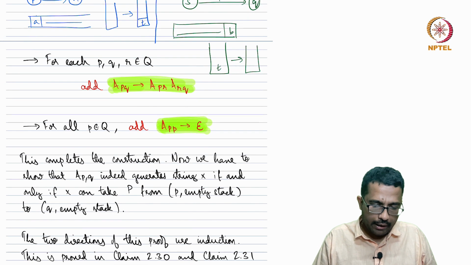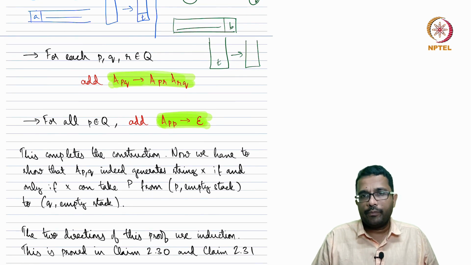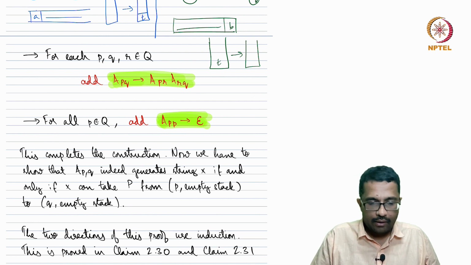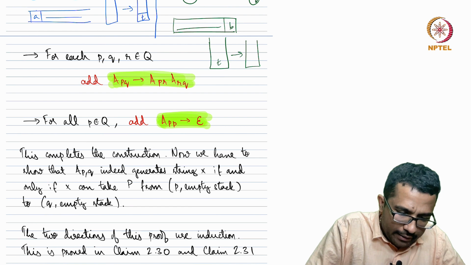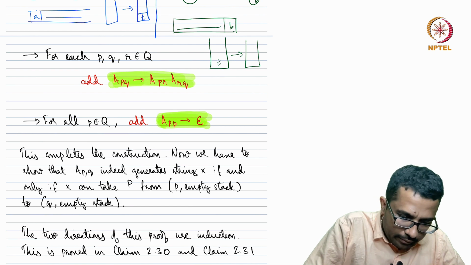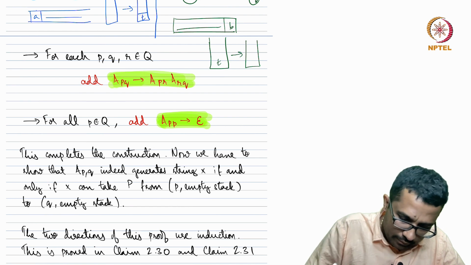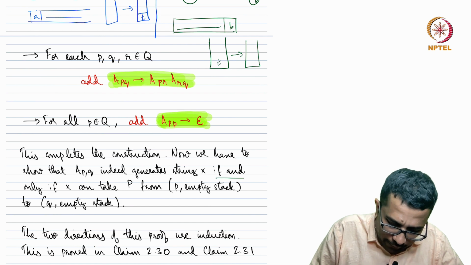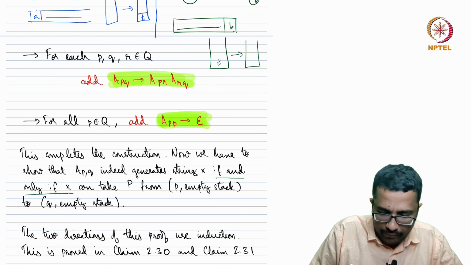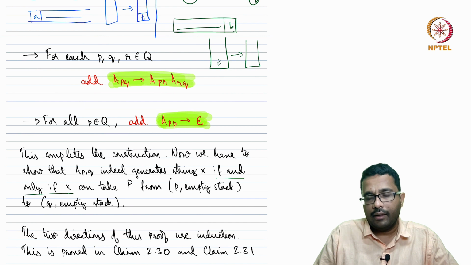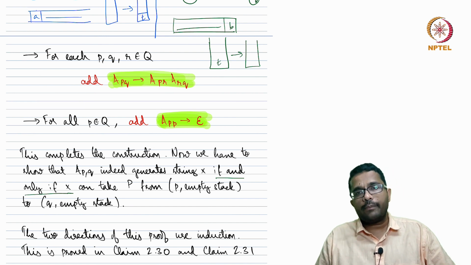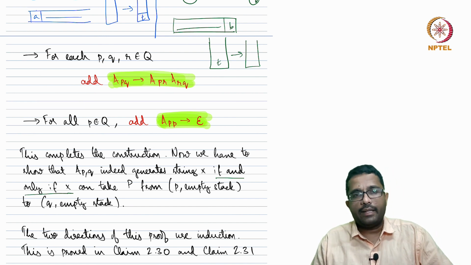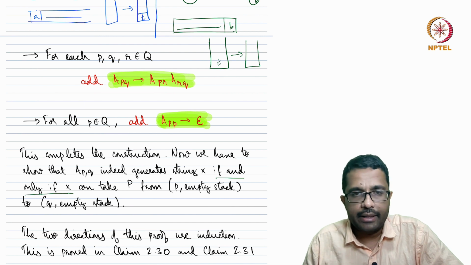So we want to show that for all P and Q, A_PQ generates a string X if and only if X can take the PDA from the state P with an empty stack to the state Q with an empty stack, right?